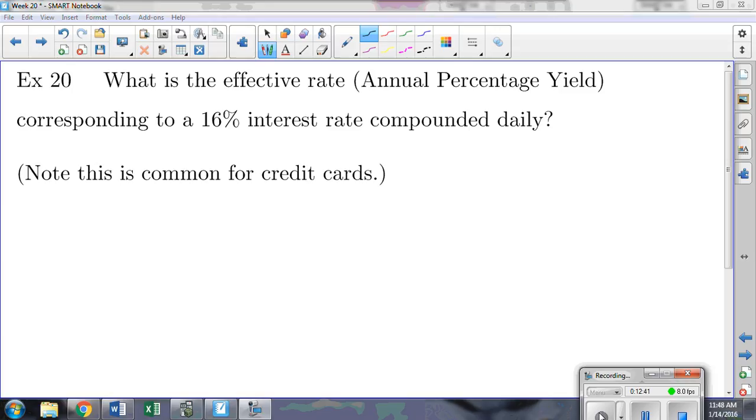All right, let's consider this. What is the effective rate, your annual percentage yield? That's what we just did. If you have a 16% interest rate compounded daily, which, by the way, credit card companies love to charge interest daily. Well, in this instance, we can go through and use our formula.